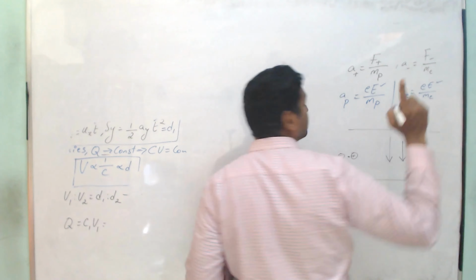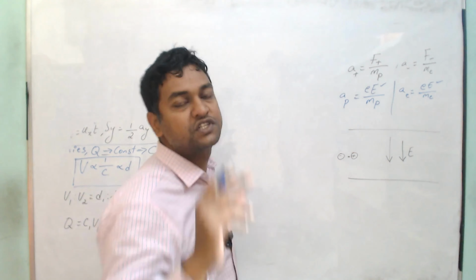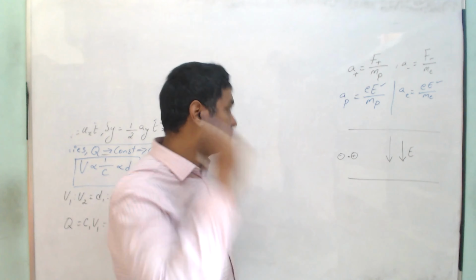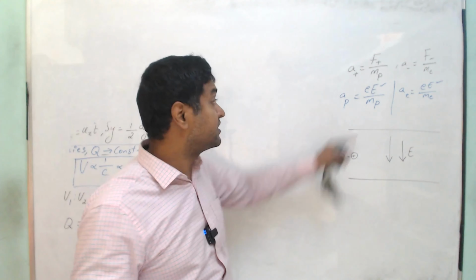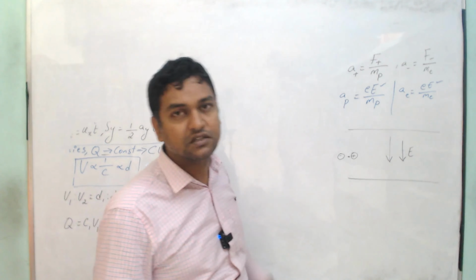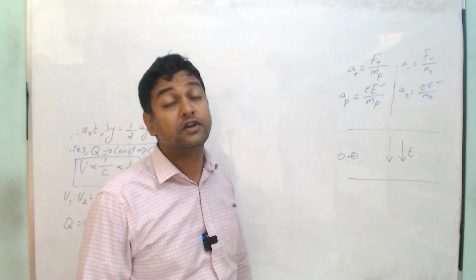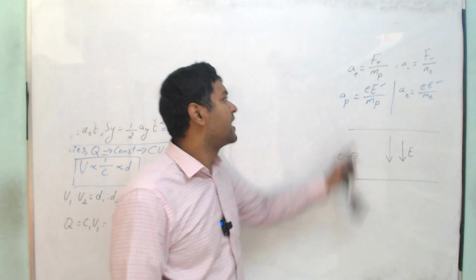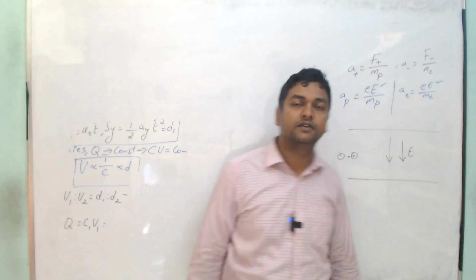The forces are same because the charge on electron and proton is the same. Forces are same, but force divided by mass is the acceleration. Mass of proton and electron are different. Therefore, my accelerations are different.